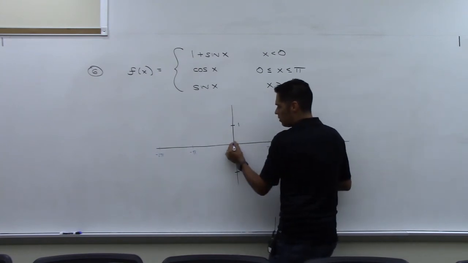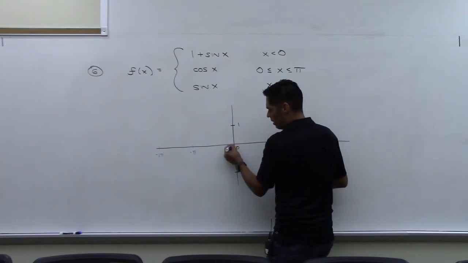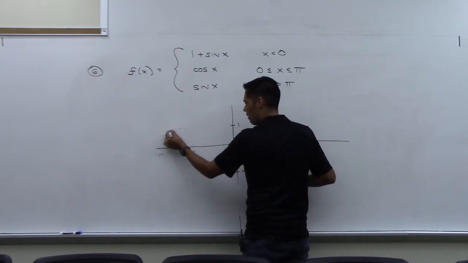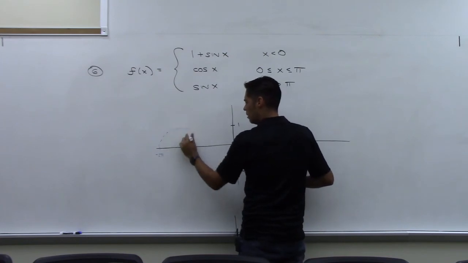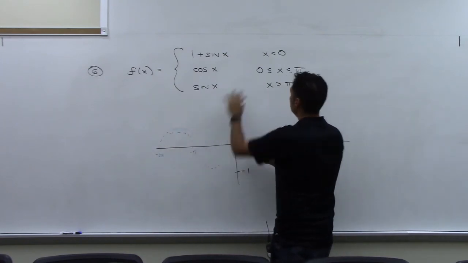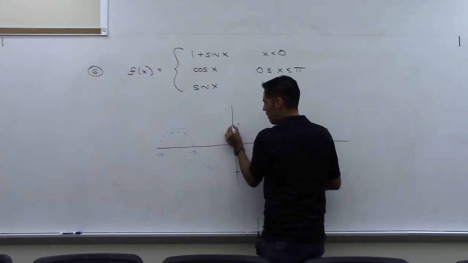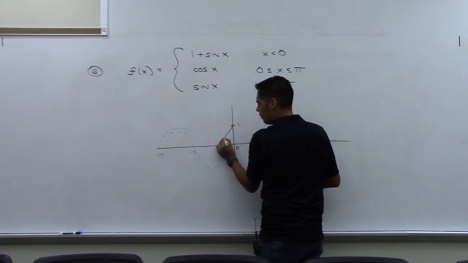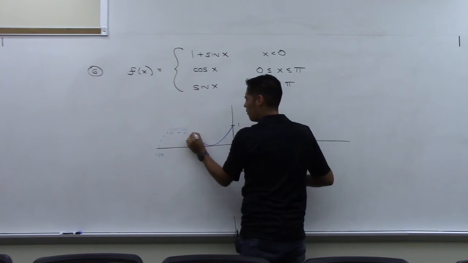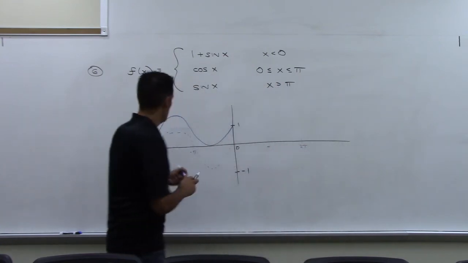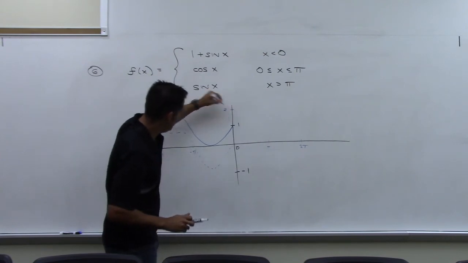And then backwards, the backside, I'm going to draw it dotted, would be something like this. Well, I went too high. You get the idea. But then we want to move it up 1. So it's going to look like this. And it'll actually come up to 2 now.